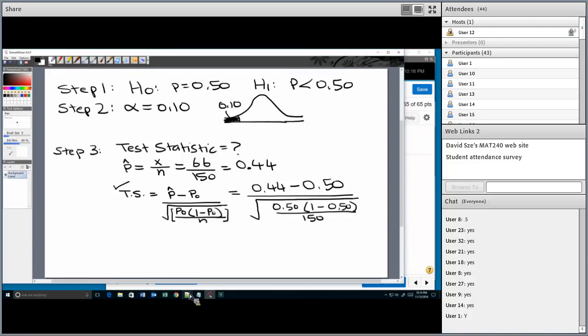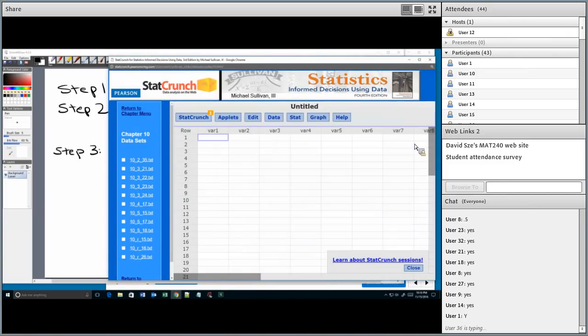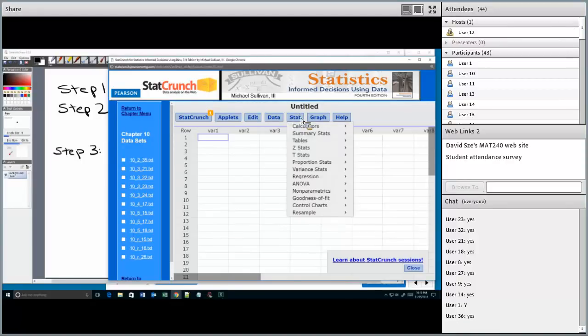Now let me show you how you can do this in StatCrunch. StatCrunch does exactly this calculation, and now you're really gonna start liking it. Here's the way to do this problem in StatCrunch. You go to Stat, then Proportion Stats, because again we're working with proportions.